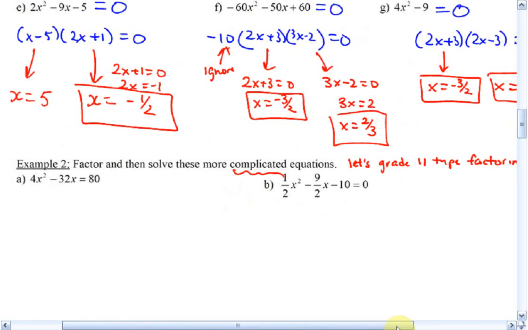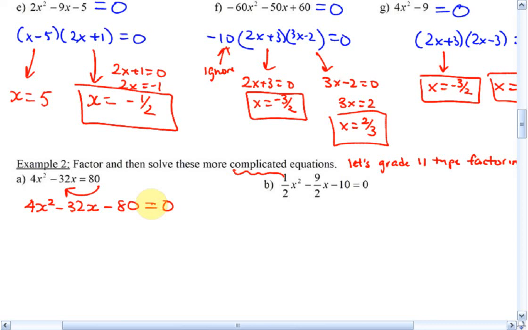Okay, 2A. What I want you to do with all these questions is move everything to one side first. The right side should be equal to 0. So can you move the 80 to the left side? So you get 4x squared minus 32x minus 80 equal to 0. Okay. You should be able to factor this now in those two brackets.